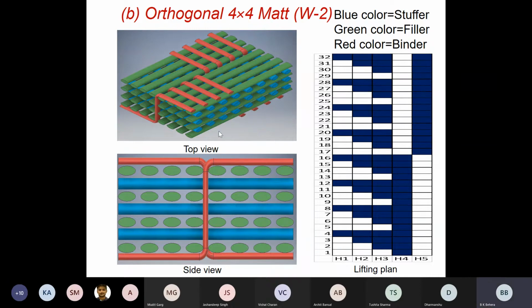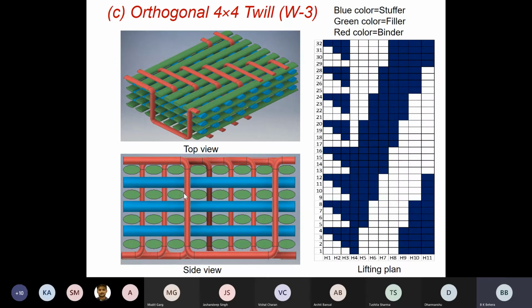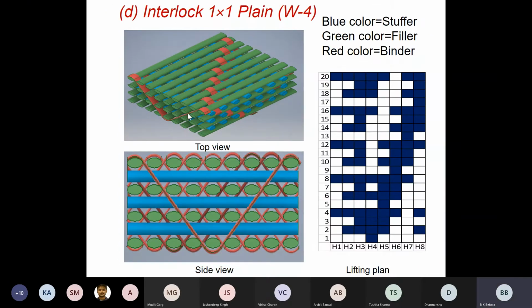You know what is mat, you know what is hopsack, you know what is rib. They are all derivatives of the plain weave. So this is a 4x4 mat, but the same 4-layer orthogonal fabric. Similarly, I'll show you another one. This is 4x4 twill orthogonal.